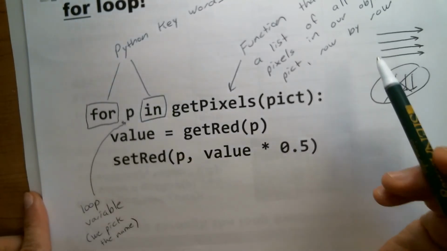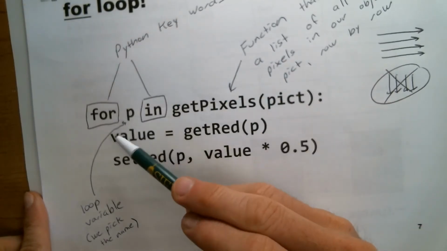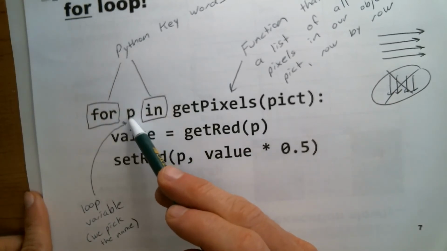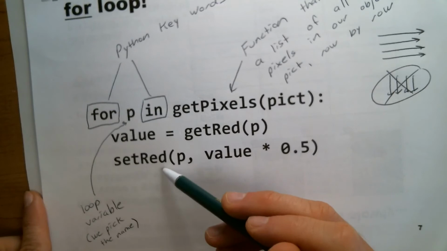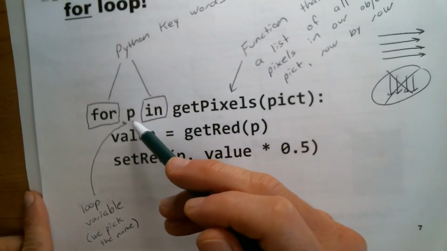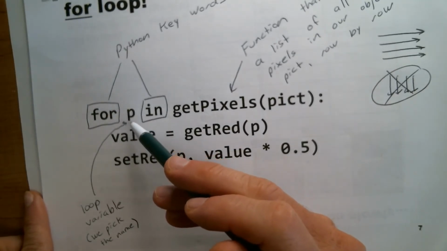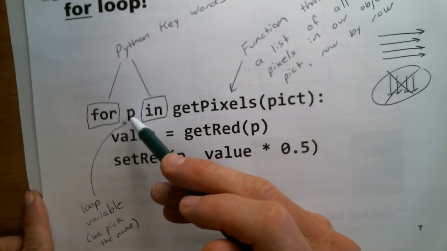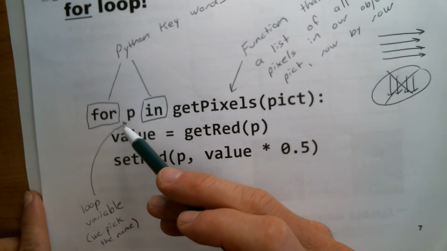Then it's going to go to the next pixel, and store that in P. So P is going to keep getting wiped out with the next pixel. We're going to use it to do whatever code we want to do. And then once we're done with that code, we change it to a new pixel. But they all run through this variable P that we created. We start with the first one, and when we're done with the first one, we clear it out and put in the second one. And when we're done with the second one, we clear it out and put in the third one.